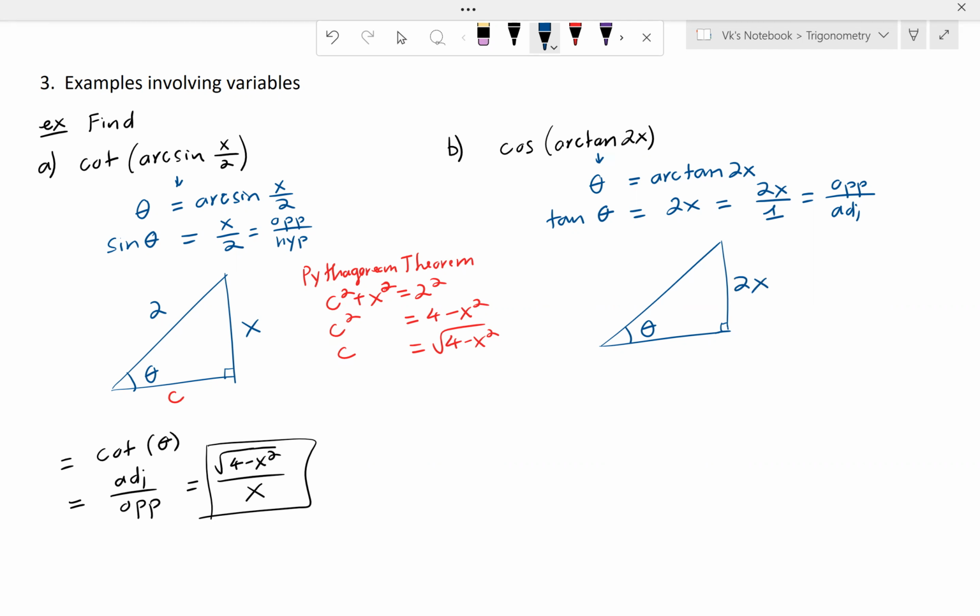Opposite is 2x, adjacent is 1. We can use the Pythagorean theorem to figure out the hypotenuse h.